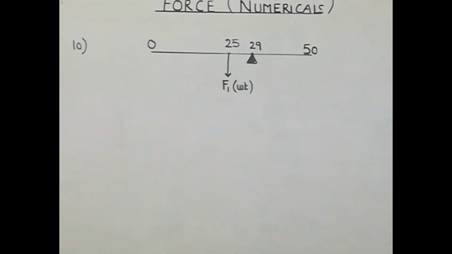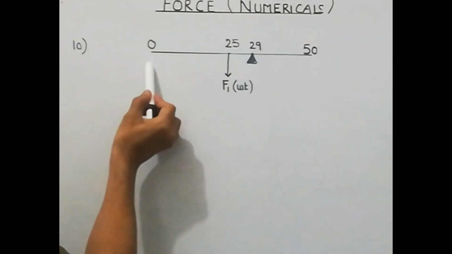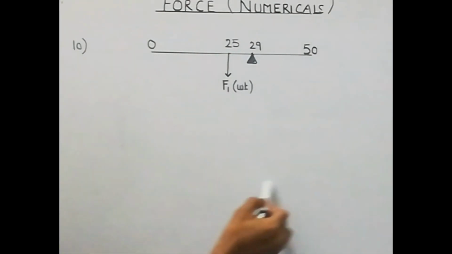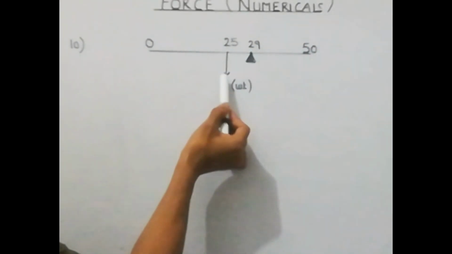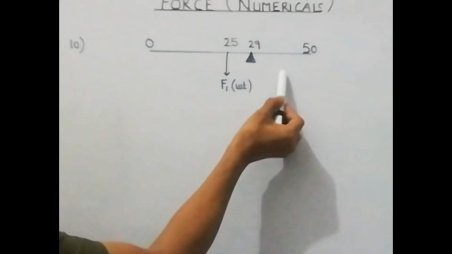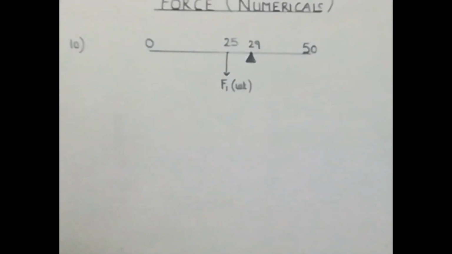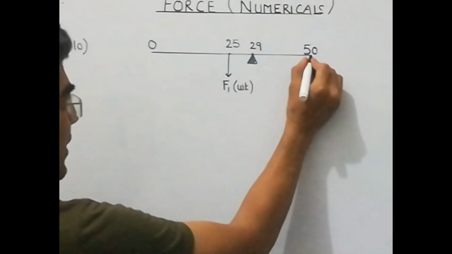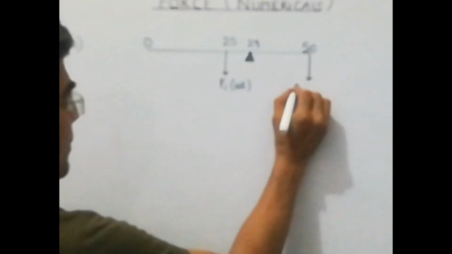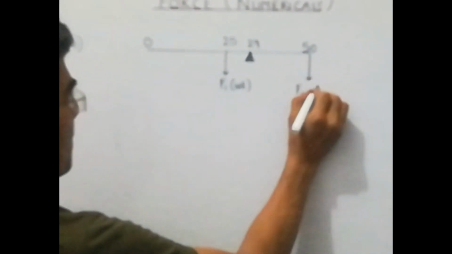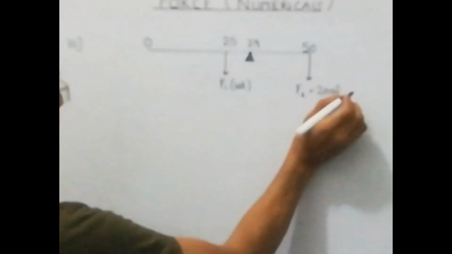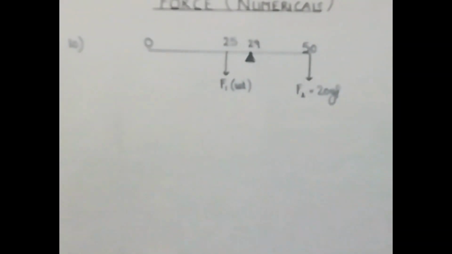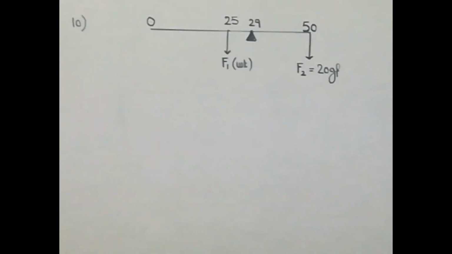Now you decide from the diagram whether at 0 or 50. If we hang it over here, it will produce anti-clockwise moment which will add to this anti-clockwise moment, so they won't balance each other. That means it is to be hung here. And now the rule is balanced. Hope the diagram is clear to you.